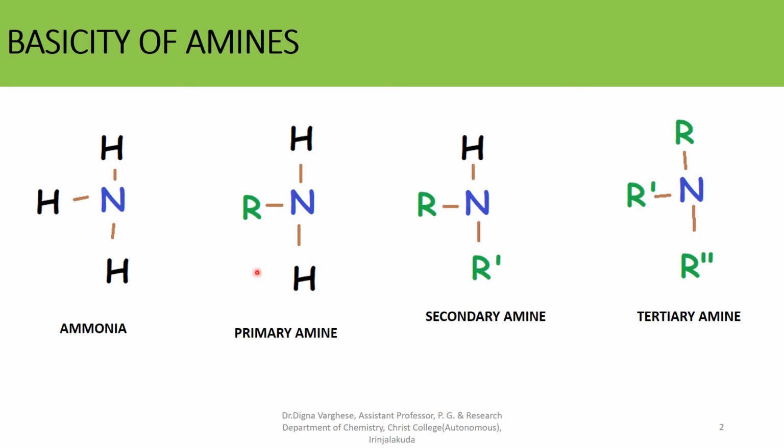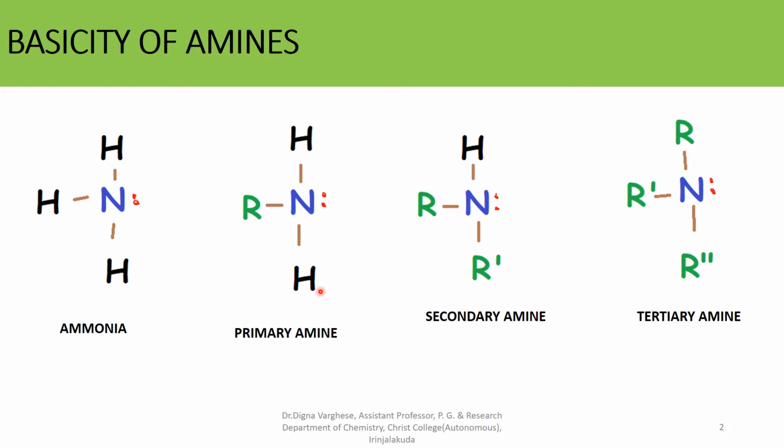So all three kinds of amines are like ammonia. Ammonia has a lone pair of electrons, and in the same way primary, secondary and tertiary amines each have one lone pair of electrons on the nitrogen atom.